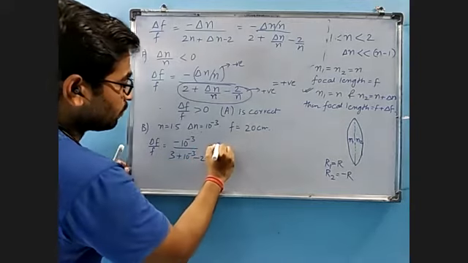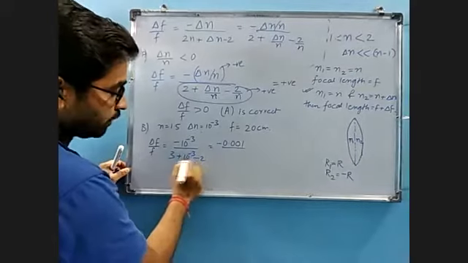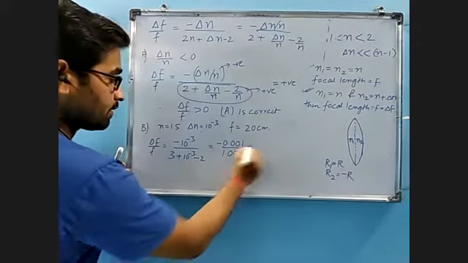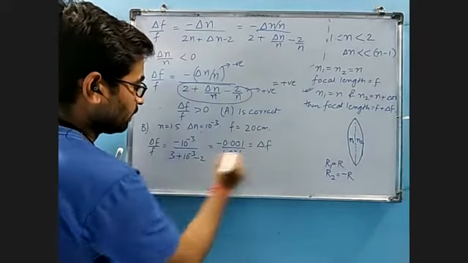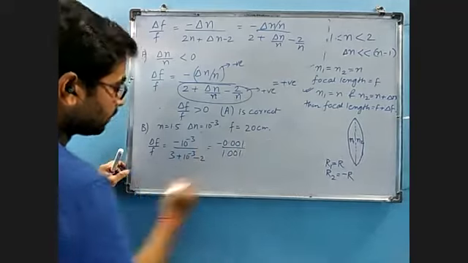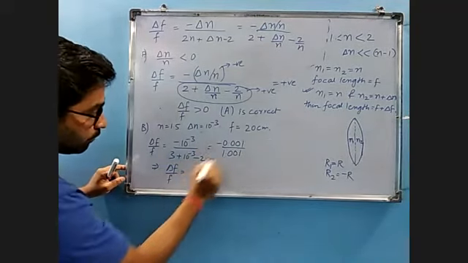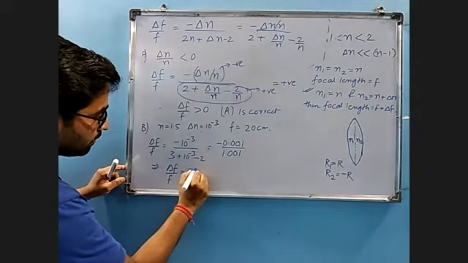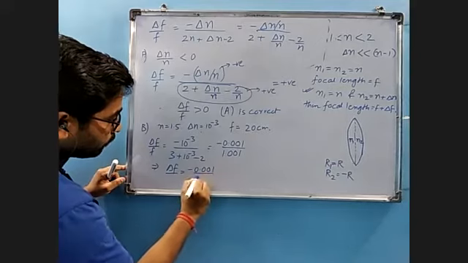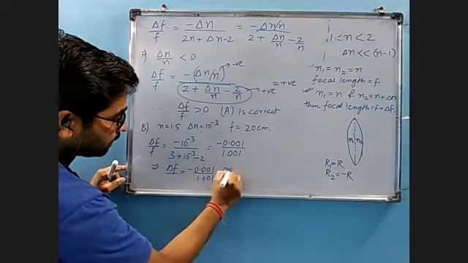So this gives you minus 0.001 upon 3 minus 2 is 1 plus something, so this is 1.001. This implies delta f by f is equal to minus 0.001 upon 1.001, and then times 20 centimeter.